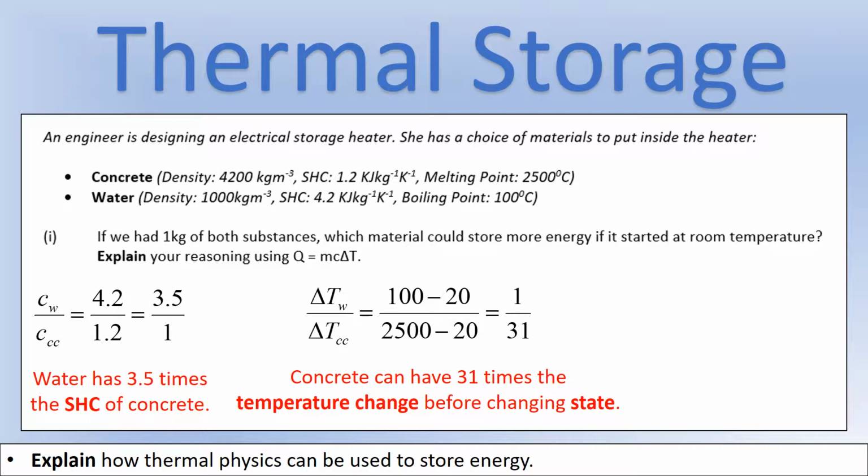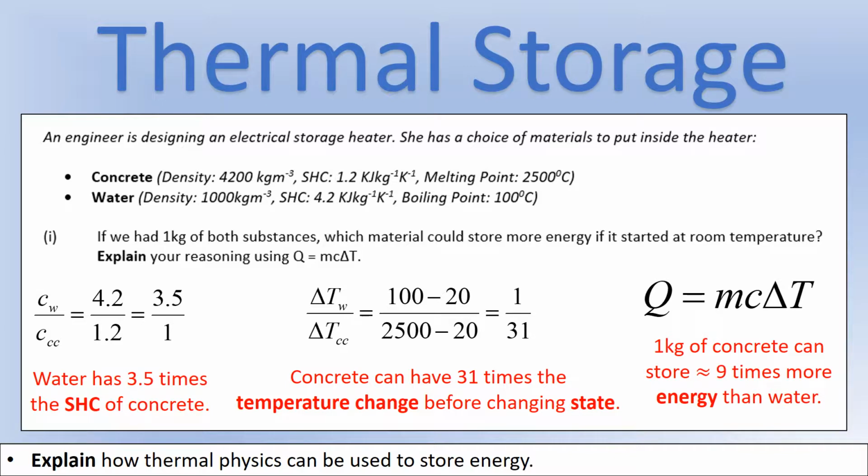So we can essentially increase the temperature of concrete 31 times more than we can for water. If we put those two things together, dividing 31 by 3.5, we get that concrete per kilogram can store about 9 times more energy than water can. So from these rough back of the envelope style calculations, we reckon concrete per kilogram is better than water.